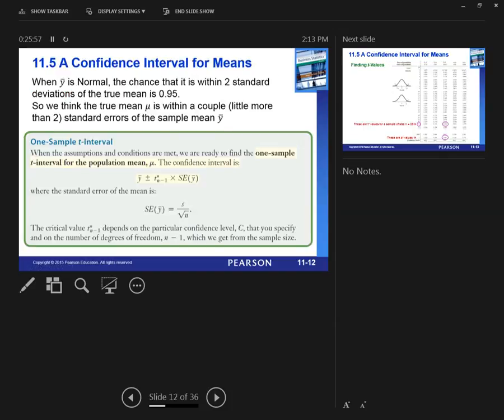All right, here's the deal. When y bar is normal, so when anything is normal, the chance that an observation is within 2 standard deviations of the mean is 0.95. Now later we learned 1.96 standard deviations is a better number, but about 2.